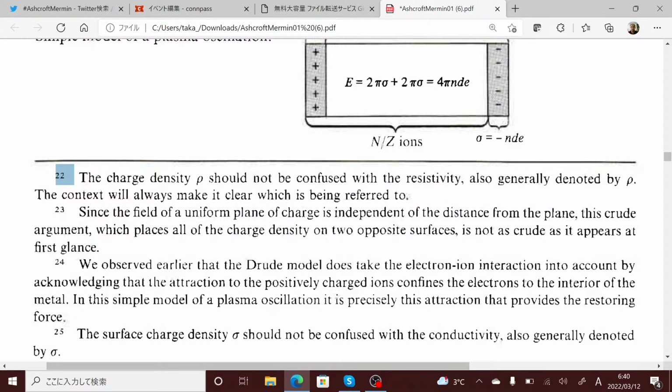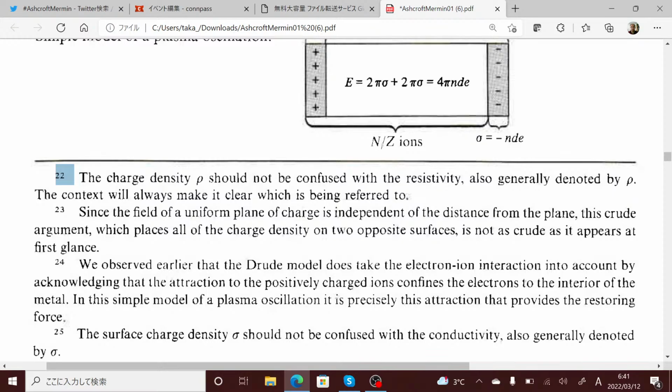The field of a uniform plane of charge is independent of the distance from the plane.